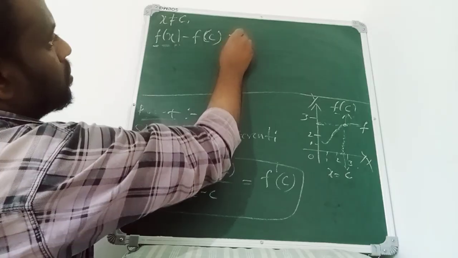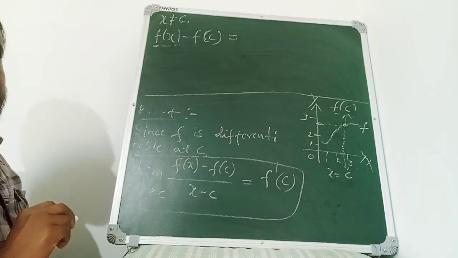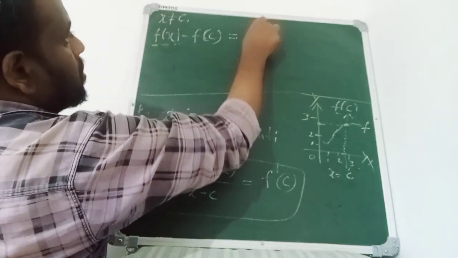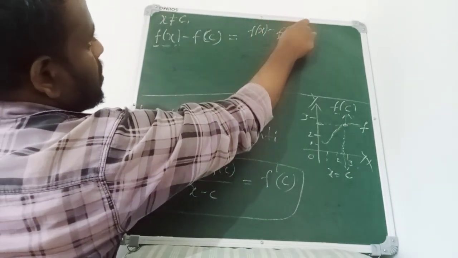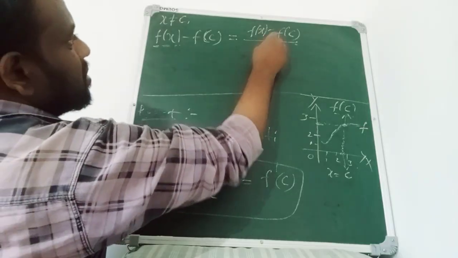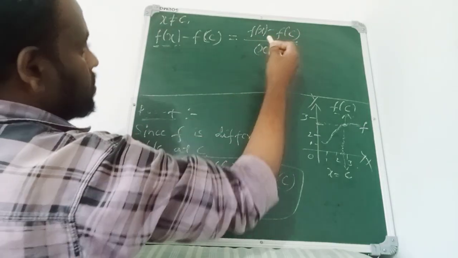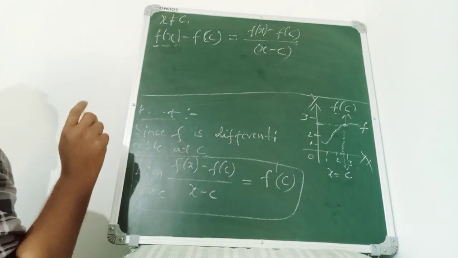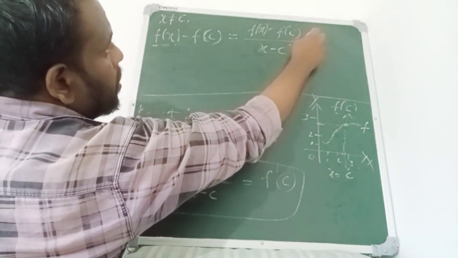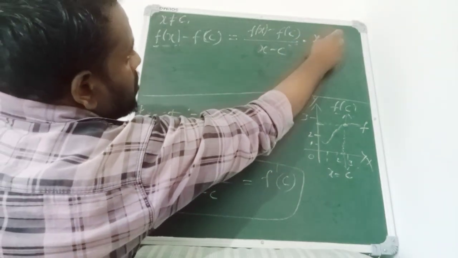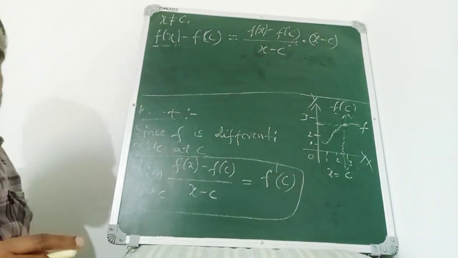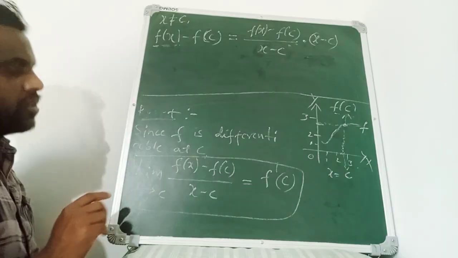Okay. Now this can be written like this: f of x minus f of c, whole divided by x minus c, into x minus c. This dot is multiplication.